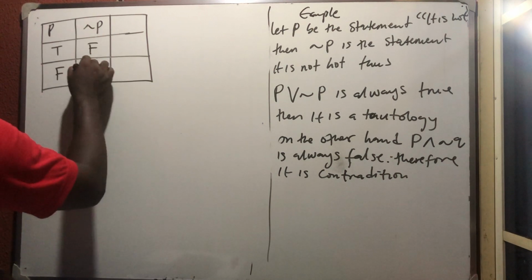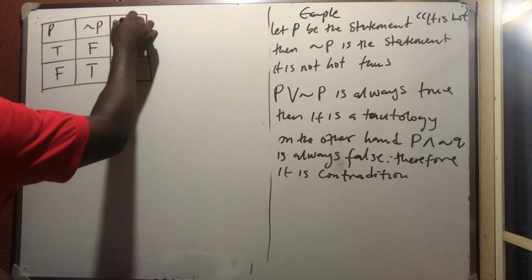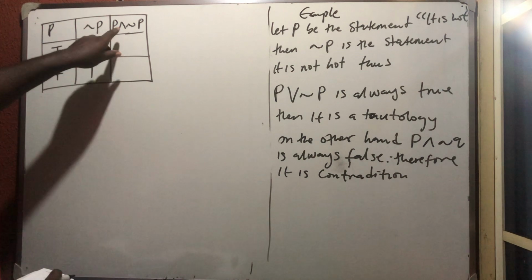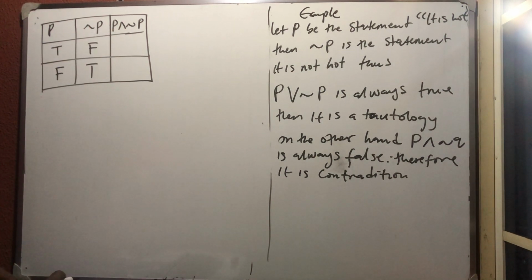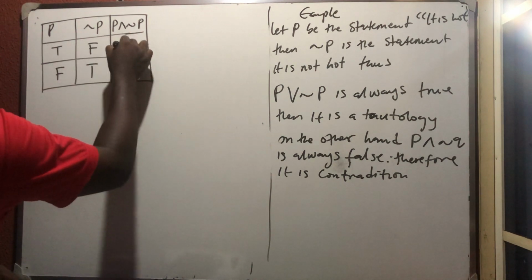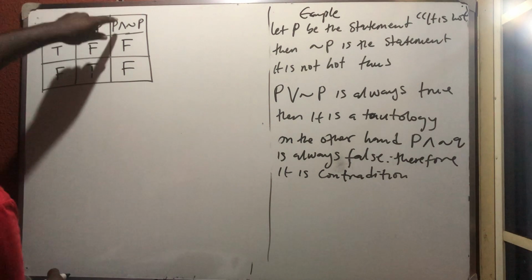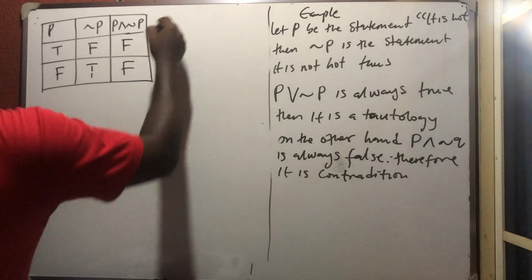Negation of false is true. So if you now have P and negation of P, I told you that for it to be true, all of them must be true. So this and this is false. This and this is equally false. And if the truth value of them is false everywhere, then it is called a contradiction.